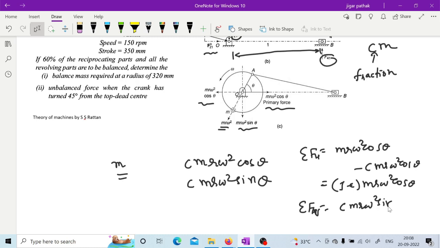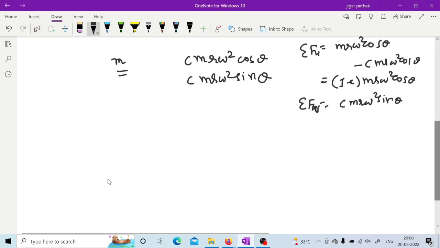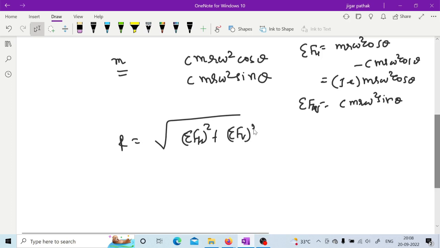So when you take the resultant of these forces, R is equal to under root of sigma F_H square plus sigma F_V square.